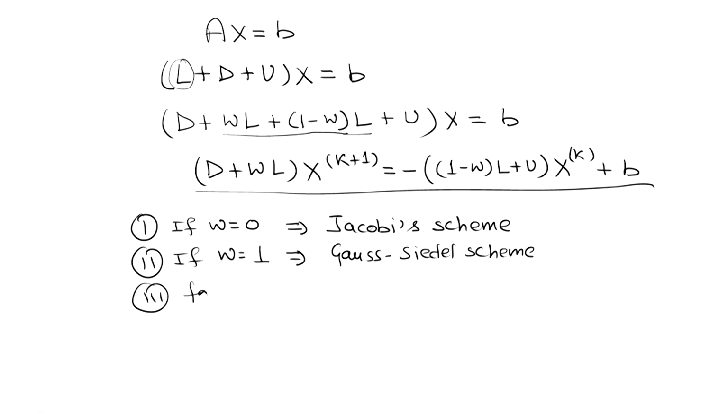For omega equals 0.5, this is somewhere between Gauss-Seidel and Jacobi.